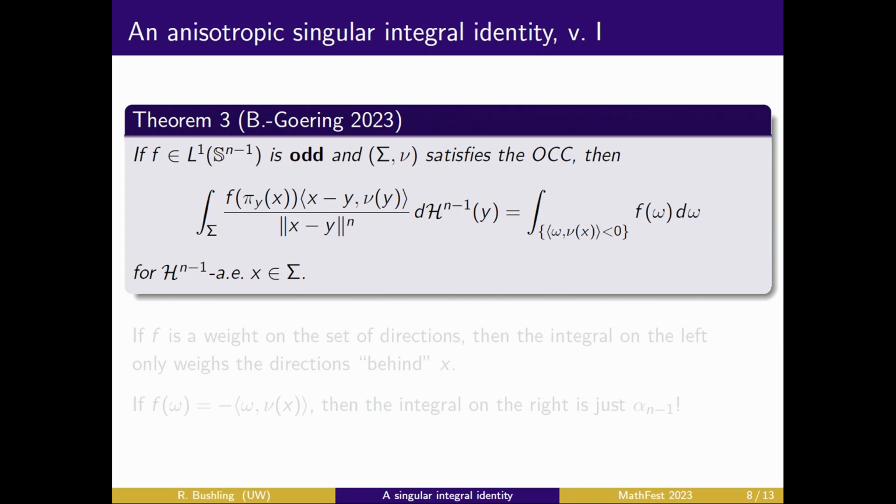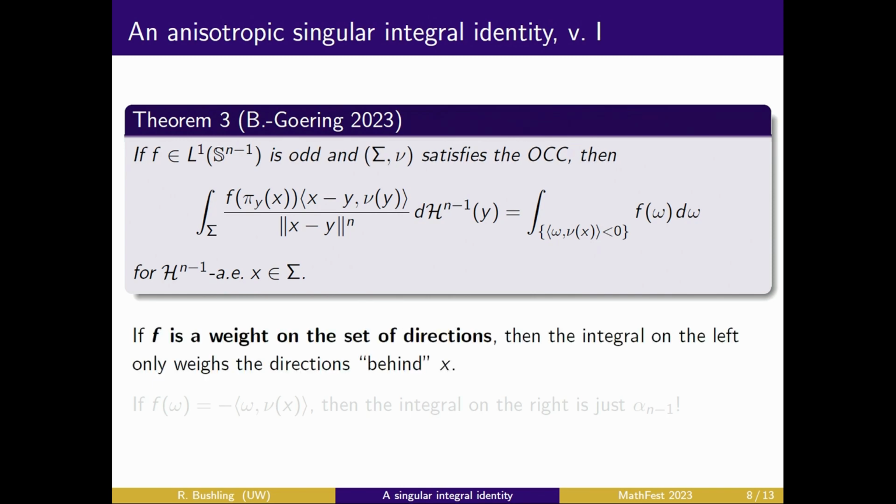The reason that I am calling this an anisotropic version of the singular integral identity from before is that I'm thinking of f as a weight on the set of directions. Previously, what did we have in place of this f? We had y minus x dot nu of x over norm x minus y.